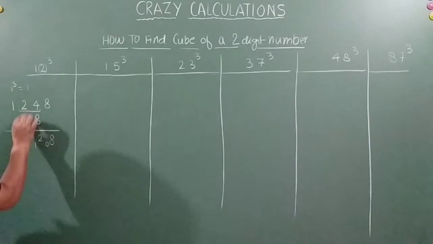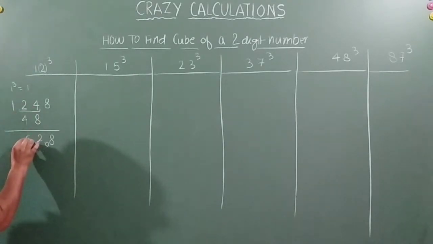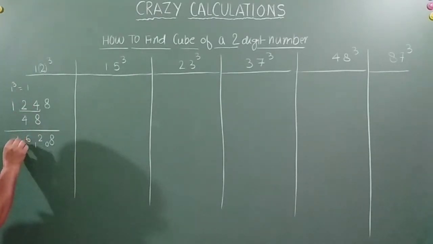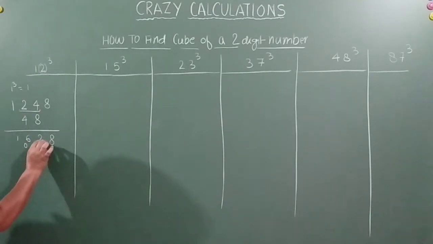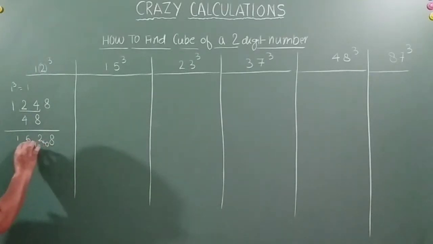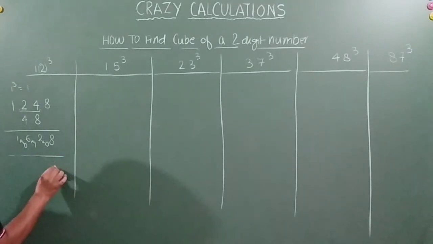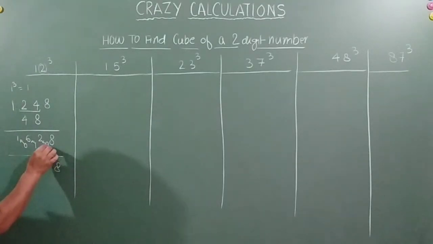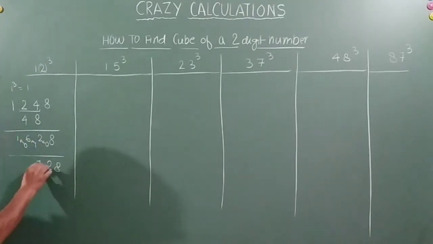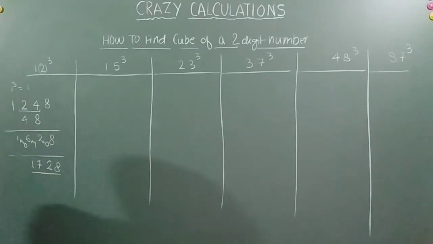Something like this. 4 plus 2 is 6 here, so I will write 6 and 0 here. And then I write 1 here. And then as you remember, we will go crosswise like this. Now I will write the answer, that is 8. 2 plus 0 is 2. 6 plus 1 is 7. 1 plus 0 is 1. So 1728 is the right answer.